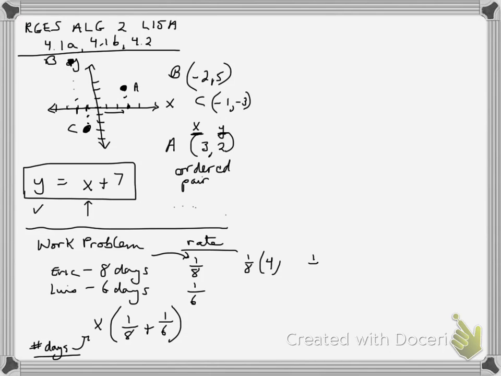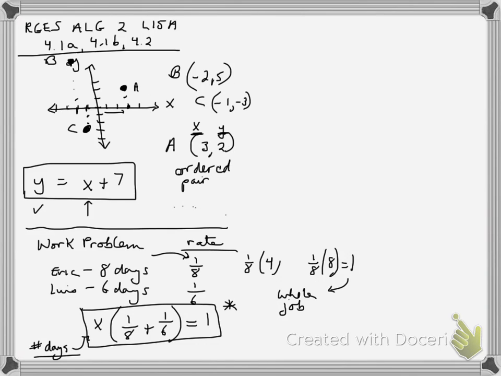If I did 1/8 of the job in 1 day and I multiplied it by 8 days, what would that give me? That would give me 1. So 1 represents the whole job. Here I'm still figuring out how long it would take them together to do the whole job, so the whole job is represented by 1. And that's kind of the tricky part of the problem the first day you see it.